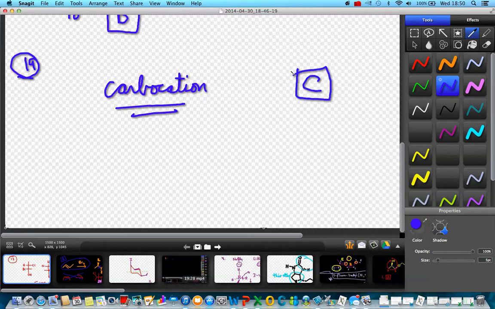That's why primary substrates are more reactive, and by that I mean they have a lower energy of activation. Quality of the leaving group affects an SN2 reaction and an SN1. And of course, the strength of the nucleophile matters in an SN2 reaction. But C, carbocation stability does not affect an SN2 reaction.